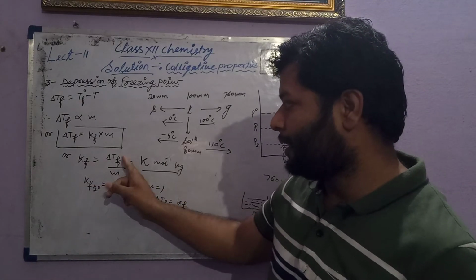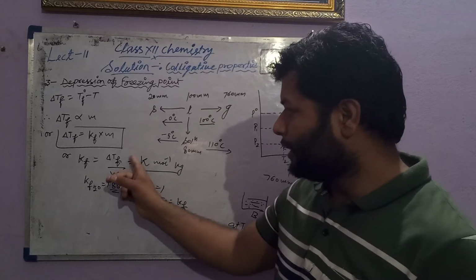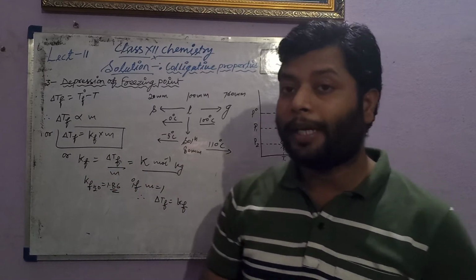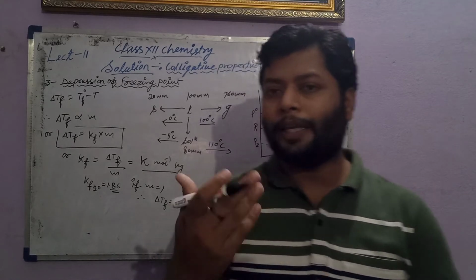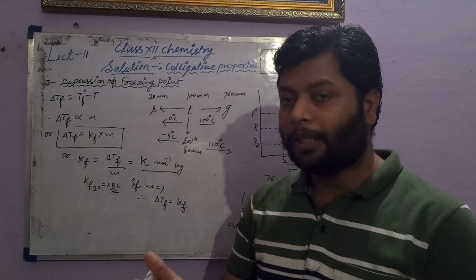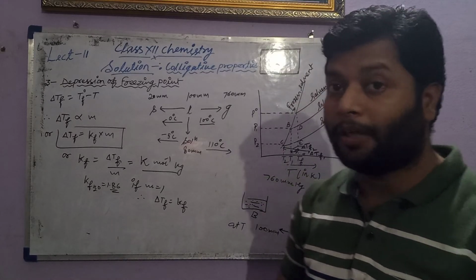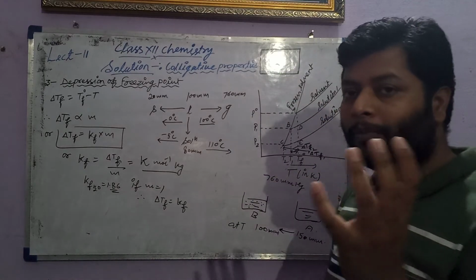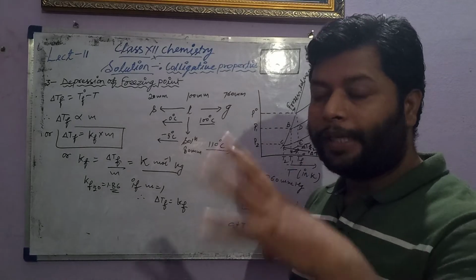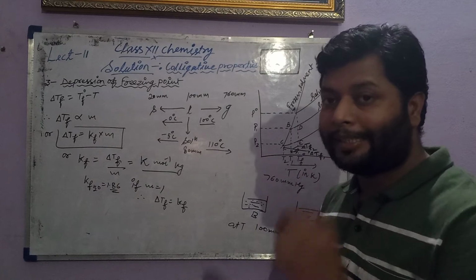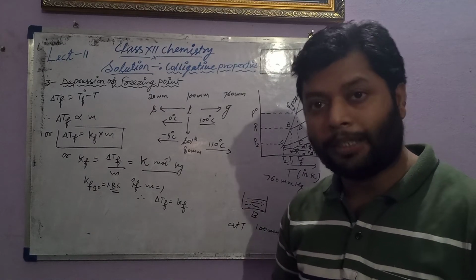So Kf equals delta Tf, so delta Tf equals Kf, and the value will be 1.86 Kelvin. It has to be learned. Whenever we add 1 mole of a solute in 1 kg of solvent for water, there will be a 1.86 Kelvin depression in freezing point.